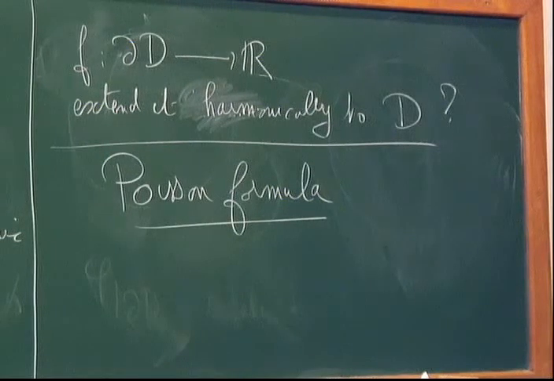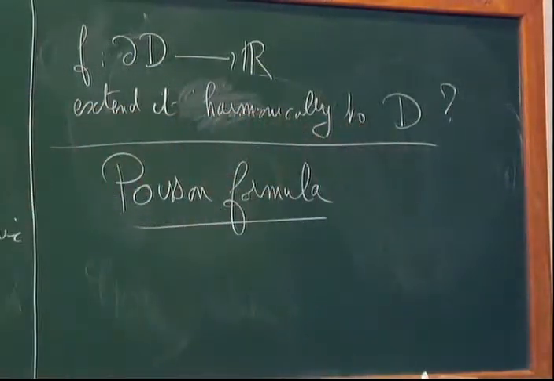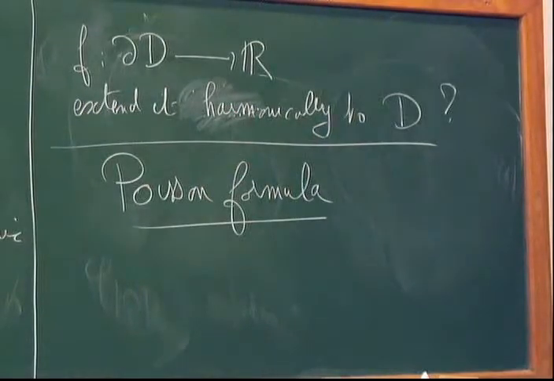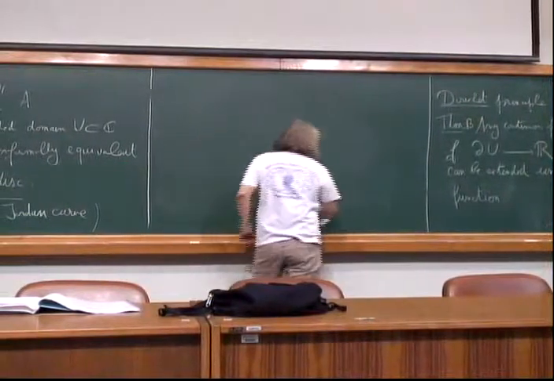So let me try to explain this Poisson formula in the simplest possible way. Okay, so here's a possibility. There are several ways of explaining it, but here's one.